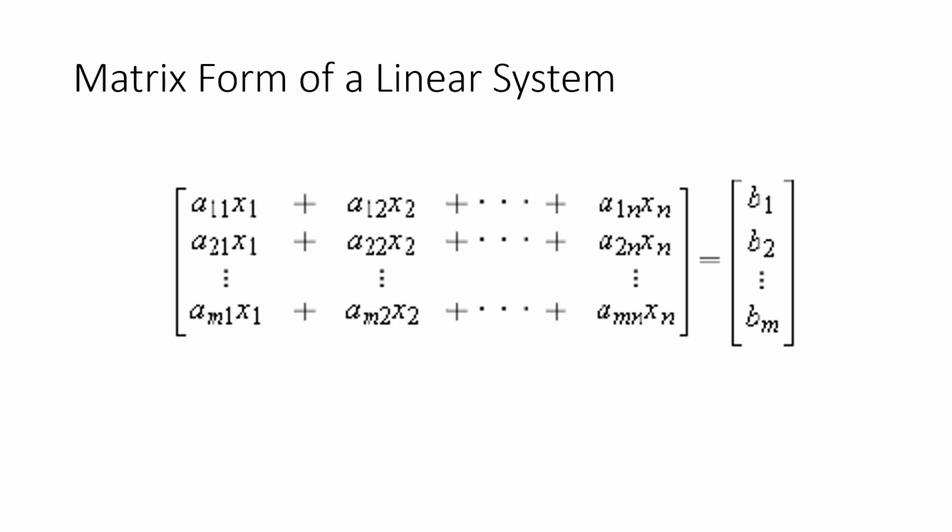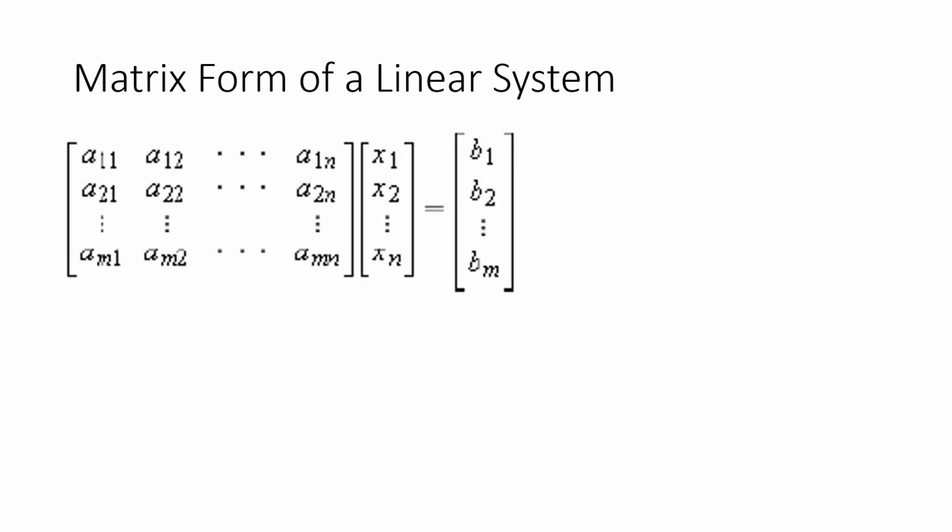The m by 1 matrix on the left side of this equation can be written as the product to give that one.